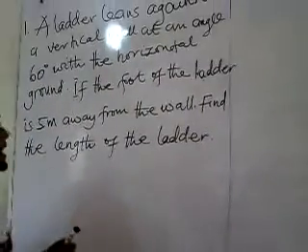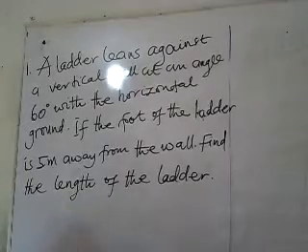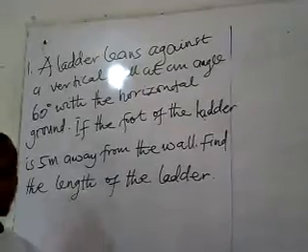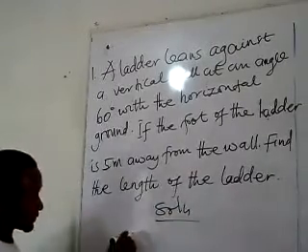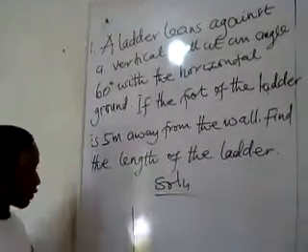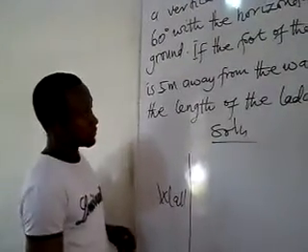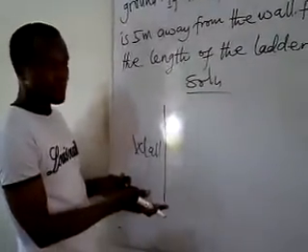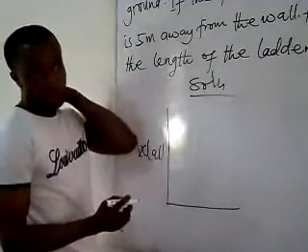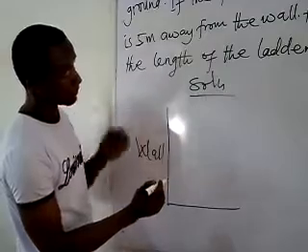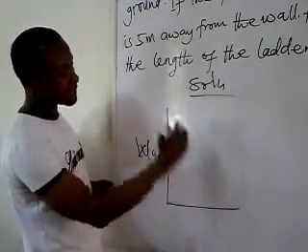It goes by saying that a ladder leans against a vertical wall. So you all know that a wall always stands upright. So in the solution, we have this as a vertical wall. A wall always stands on the ground, so this is the level ground or the foot. Then we have a ladder which leans against the wall.